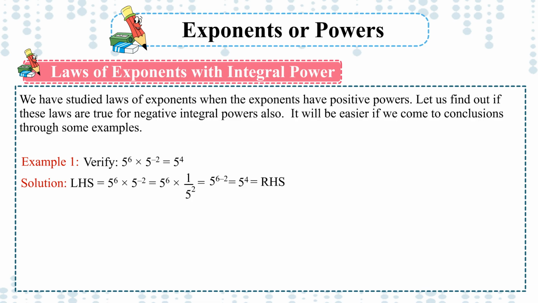LHS is equal to 5 raised to the power 6 multiplied by 5 raised to the power minus 2, which is equal to 5 raised to the power 6 multiplied by 1 upon 5 raised to the power 2, which is equal to 5 raised to the power 6 minus 2, which is equal to 5 raised to the power 4, which is equal to RHS.